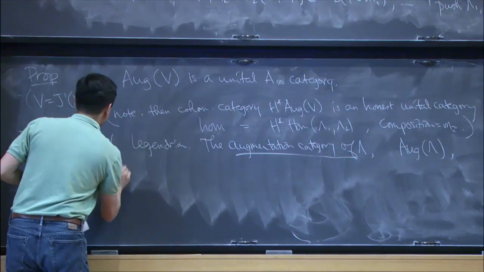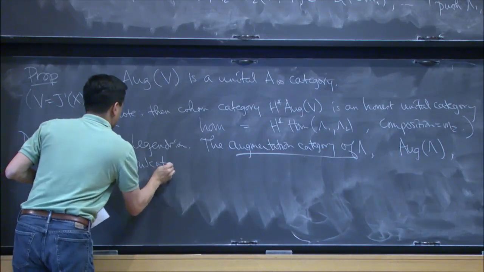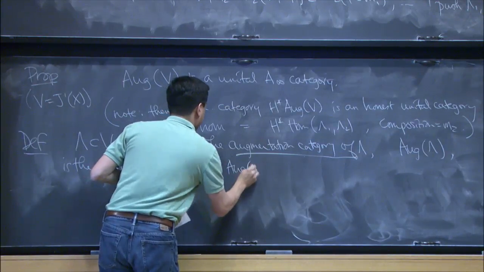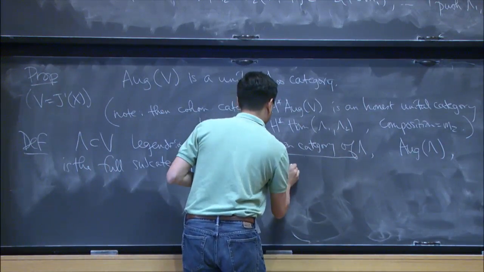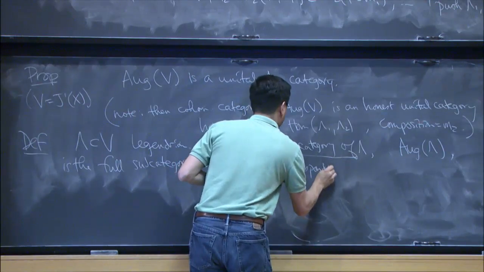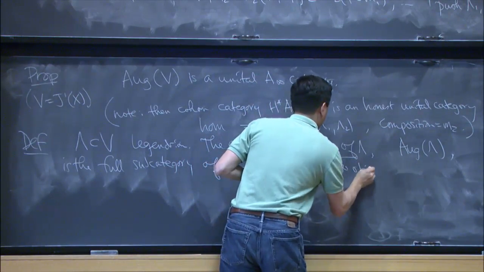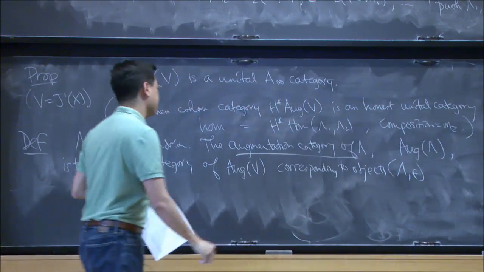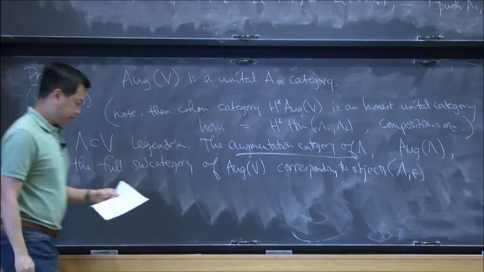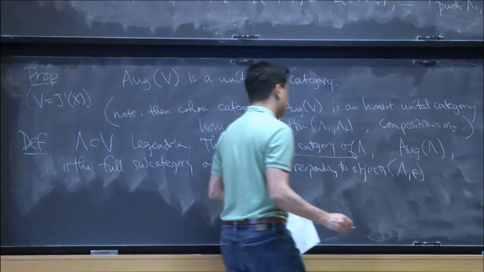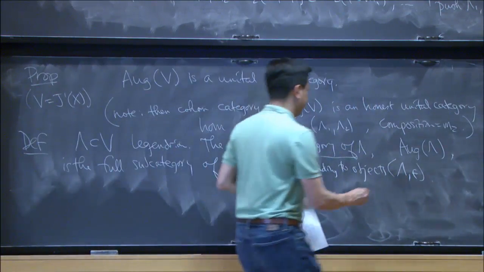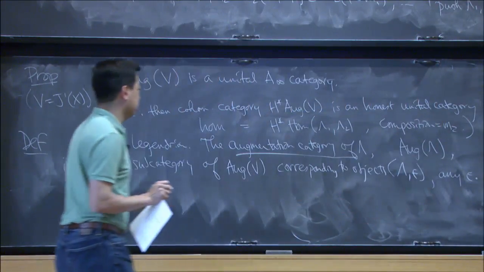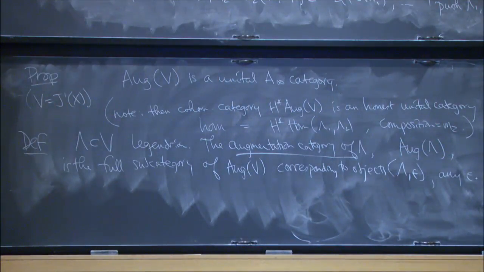So this is a full subcategory of aug of V corresponding to objects lambda with any augmentation epsilon on them. I'm going to start using terms like full subcategory more.